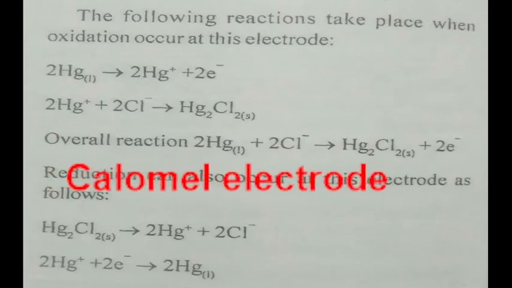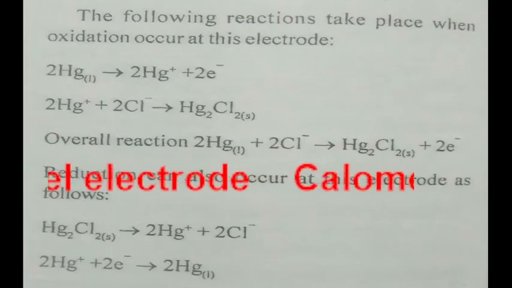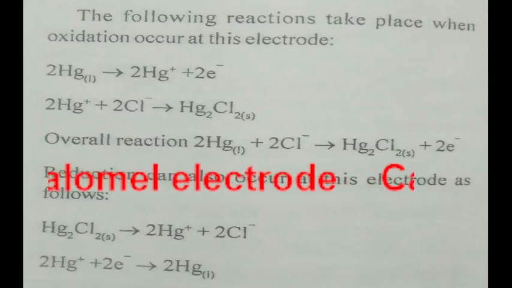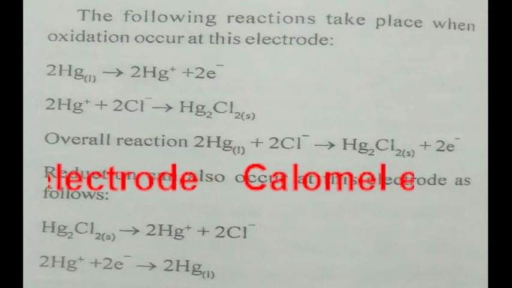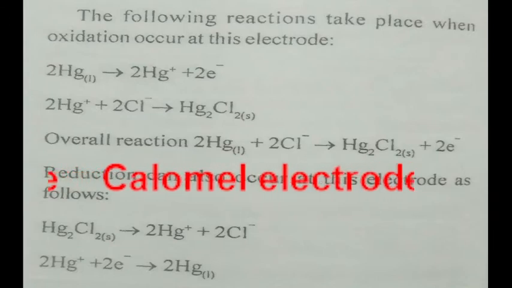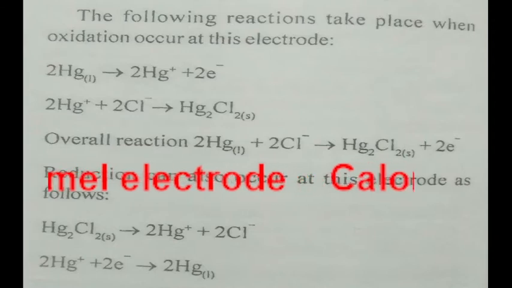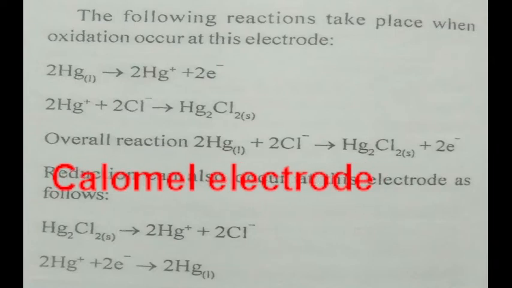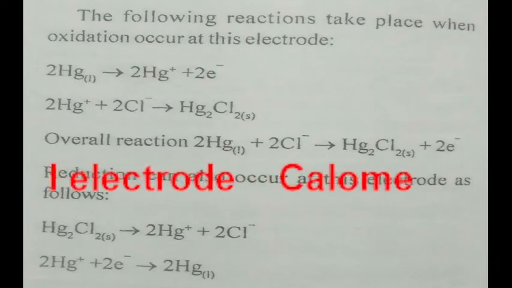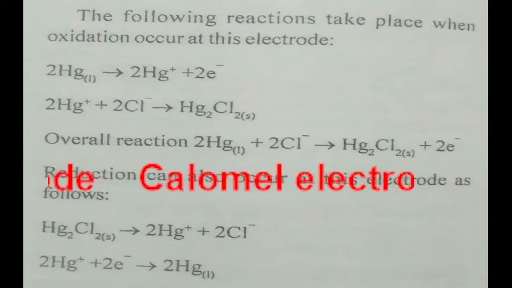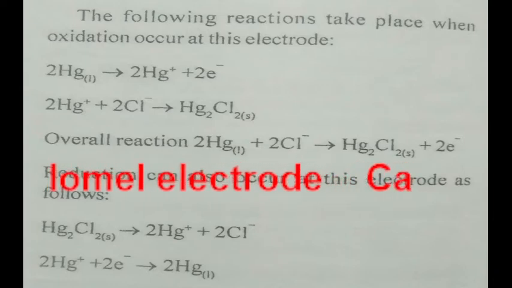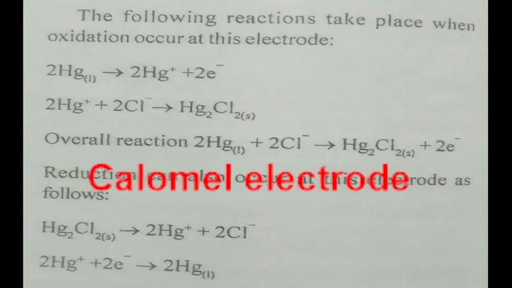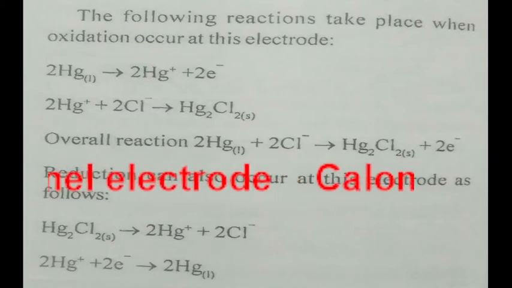If a particular oxidation happens, mercury oxidizes to the corresponding ion, and the mercurous ion takes chloride ion from potassium chloride solution to form mercurous chloride, and just the reverse reaction happens if it undergoes reduction. See, mercurous chloride first decomposes, then the formed mercury ion takes electron and reduces to mercury. Just the reverse reaction. Most probably it undergoes reduction reaction.